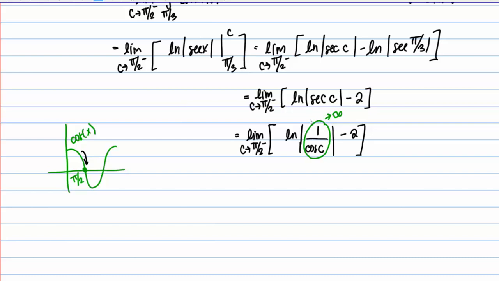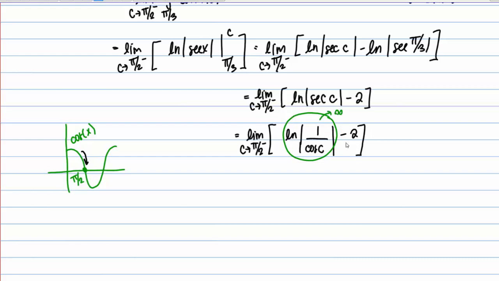So what does that tell us about this term as a whole? Well, if we know about the behavior or the graph of the natural log, we know that as the argument gets larger and larger and larger without bound, then the natural log itself is also going to get larger and larger. So this term then is approaching infinity.